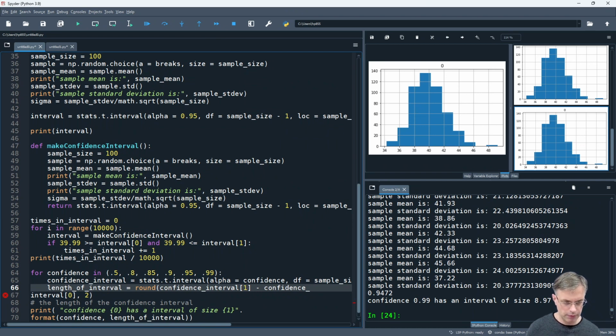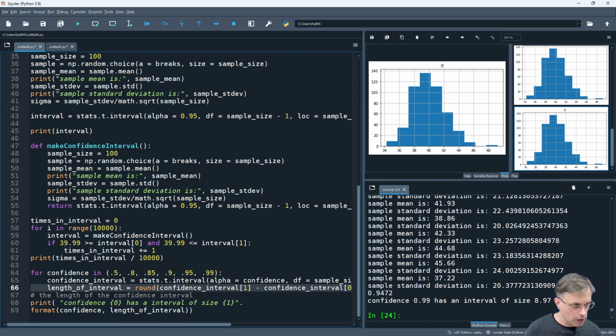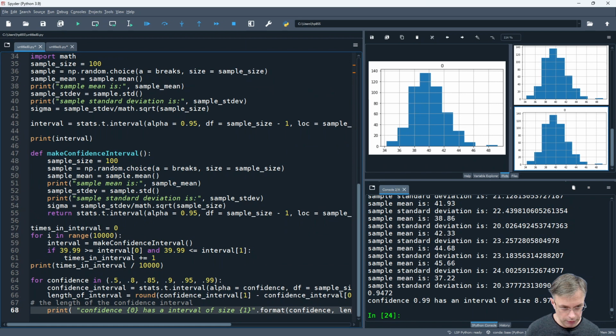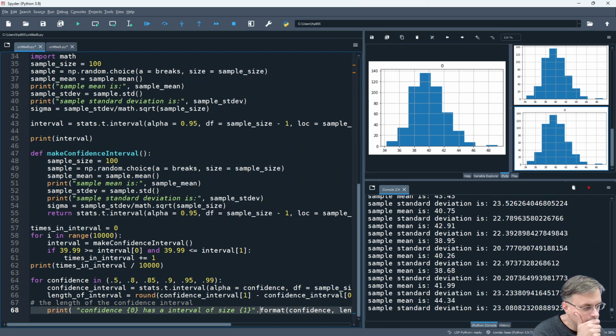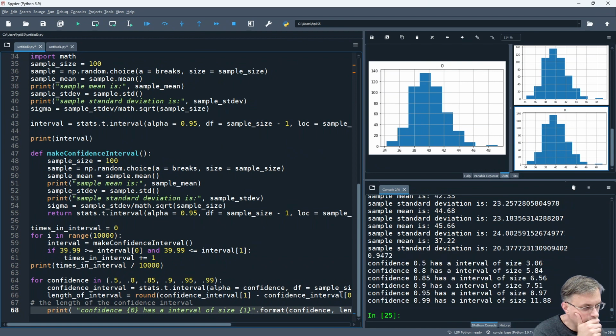Degree, yep, length, interval, this goes up. Then the length and print goes here and format comes up here. Does it work this time? Yep, it works this time. Before that I don't know exactly why it didn't work, but now it works perfectly, no problem.